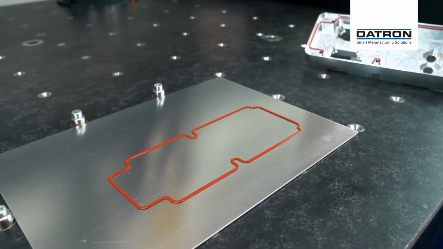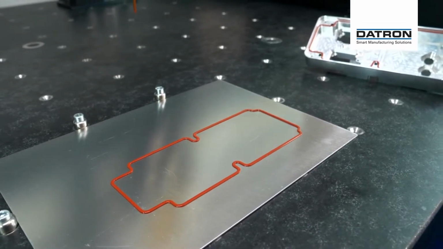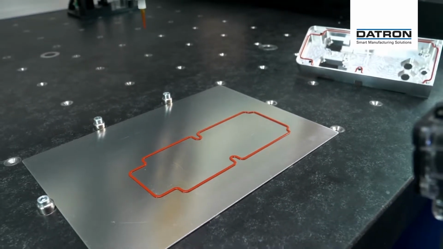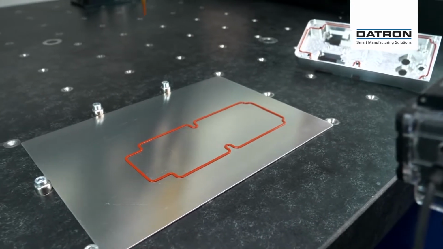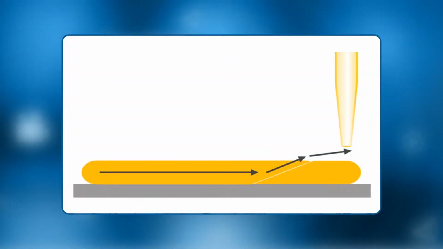And the most critical point on each gasketing is always the start and stopping point. For that we have a special function. You can see it here in this slide. It's a kind of ramp function. So we start with less material and bring it up to the top, and then we move over the complete outline.